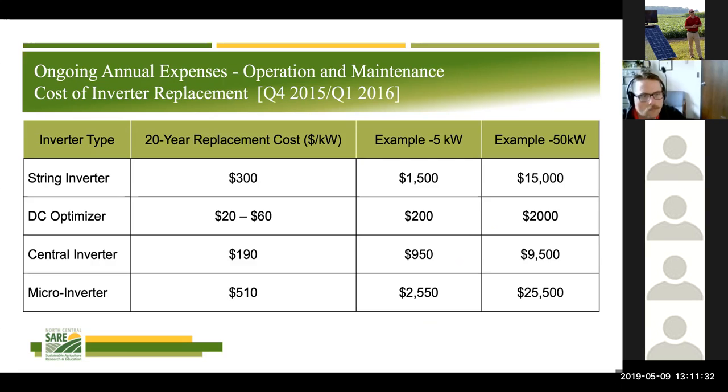Or maybe you just play worst case scenario and say, for modeling purposes, for project evaluation purposes, we're going to have to replace the inverter on our 50 kW system in year 15. So maybe you model it at $5 per kW annually, and then in year 15 we can put in a one-time expense on this model to account for a $15,000 inverter replacement.